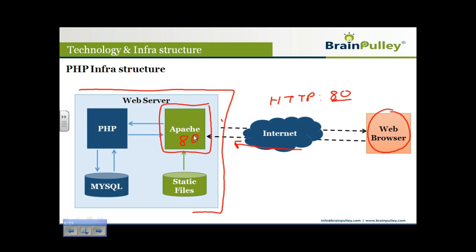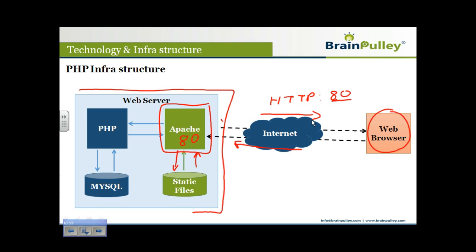Whenever the browser says, go and fetch that address, it will connect to that server, connect to port number 80, and request that I want this image file, this HTML file, this JSP file. Whenever there are normal static pages, Apache will directly go to the file system, look for that file and pick it up, and it will return the content to the end browser, and the browser will show it.